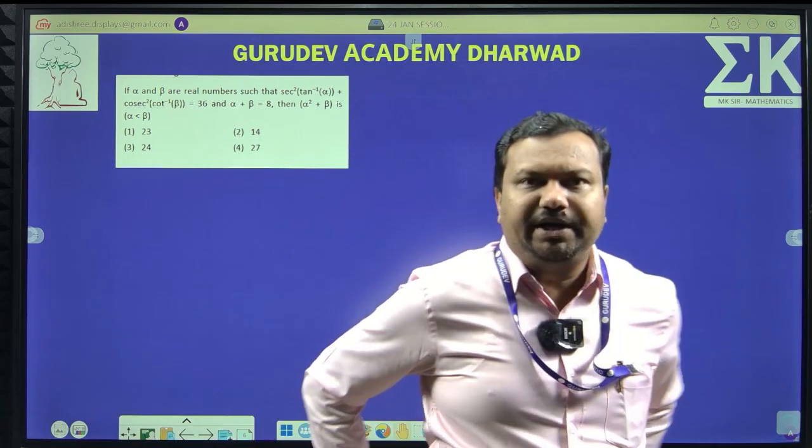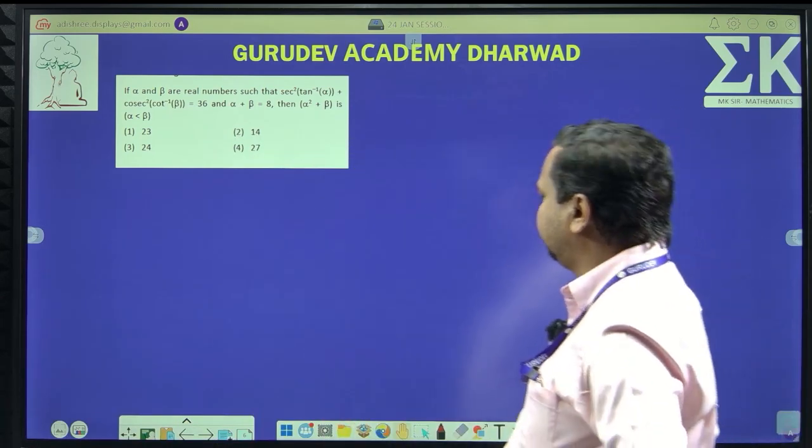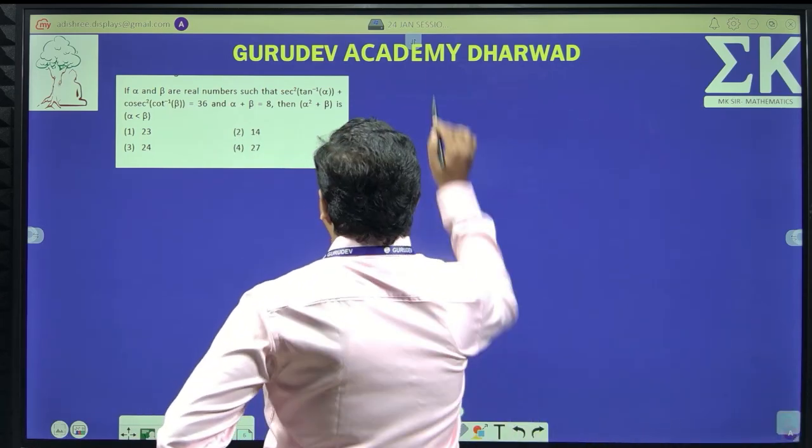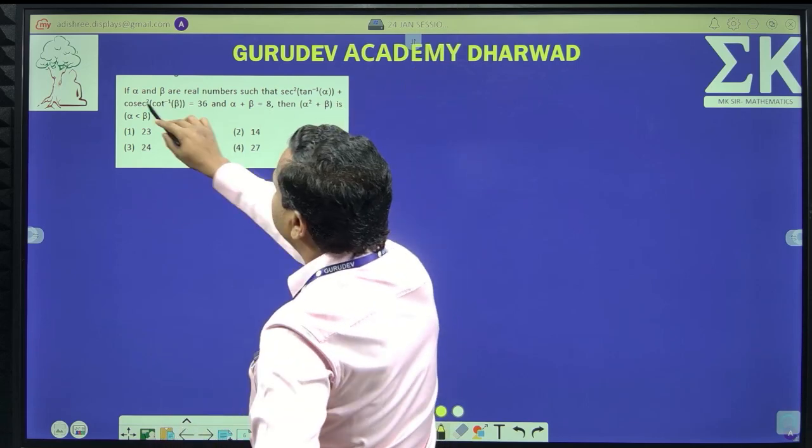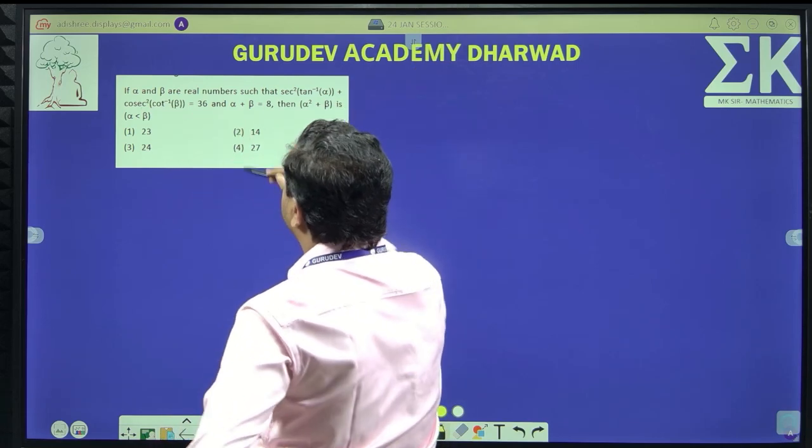If alpha and beta are real numbers such that secant square tan inverse of alpha plus cosecant square cot inverse of beta is equal to 36.